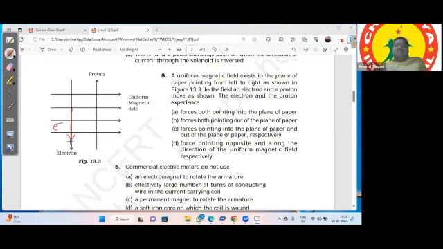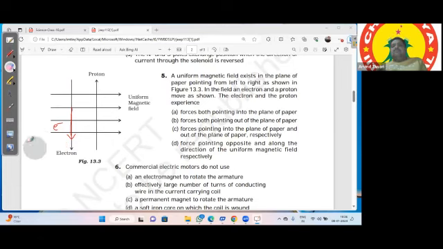Since electrons carry a negative charge, and we have observed that in an electric circuit, we mark the direction of current from positive towards negative. The electrons travel from the negative terminal towards the positive terminal. So actually the current is from positive to negative, but electrons are moving from negative to positive.